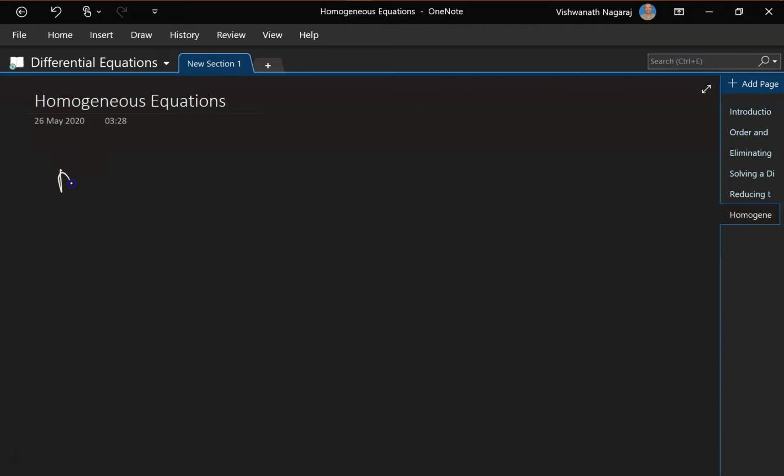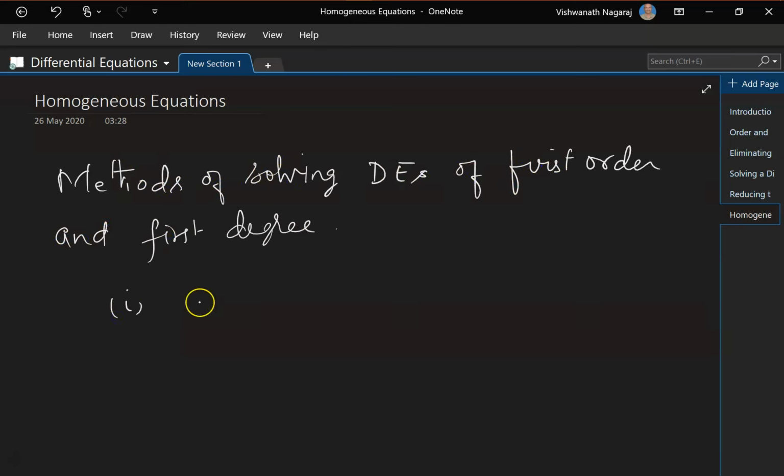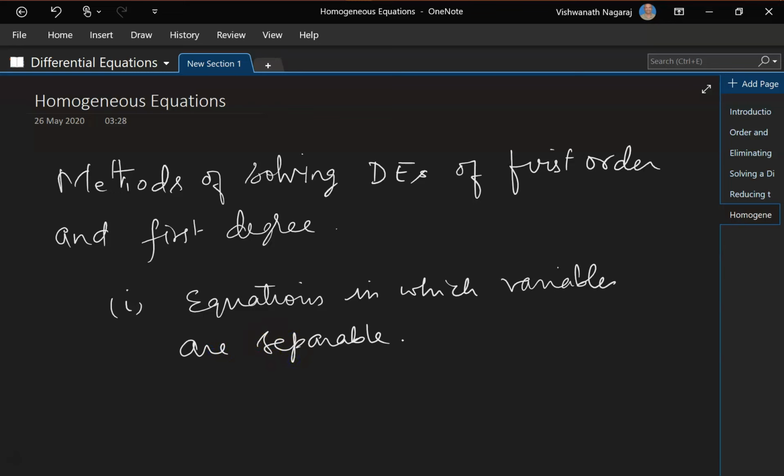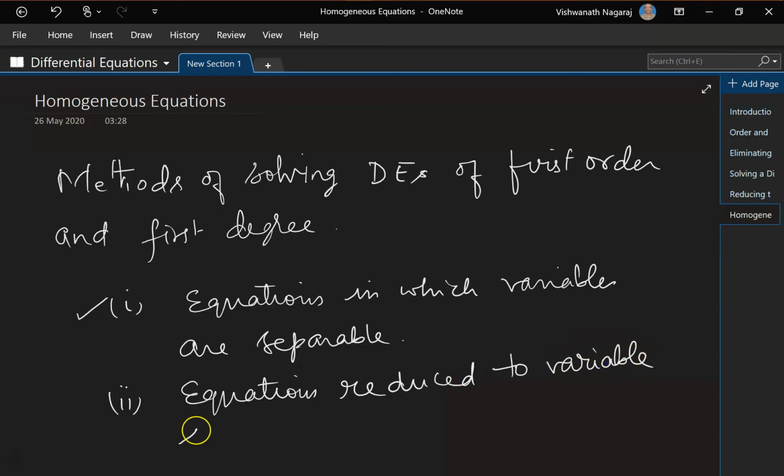So let me just write that down. We have seen equations in which variables are separable, that means x and dx, y and dy are separated. So this we have done. Then we have seen equations reduced to variable separable form. This also we have seen.